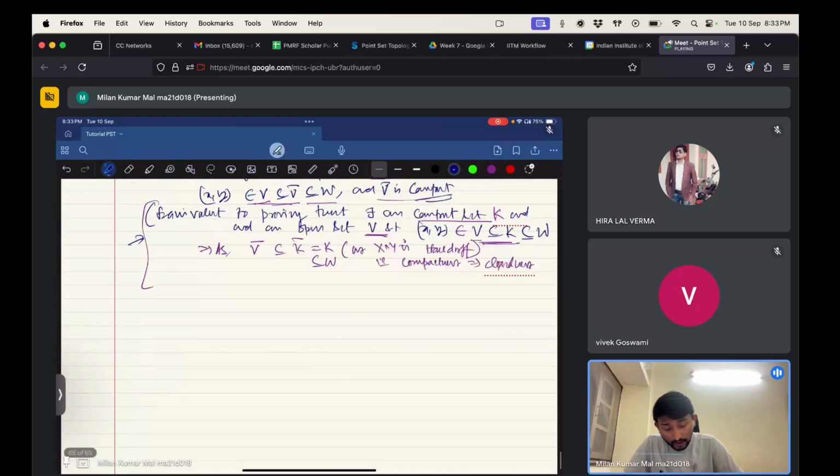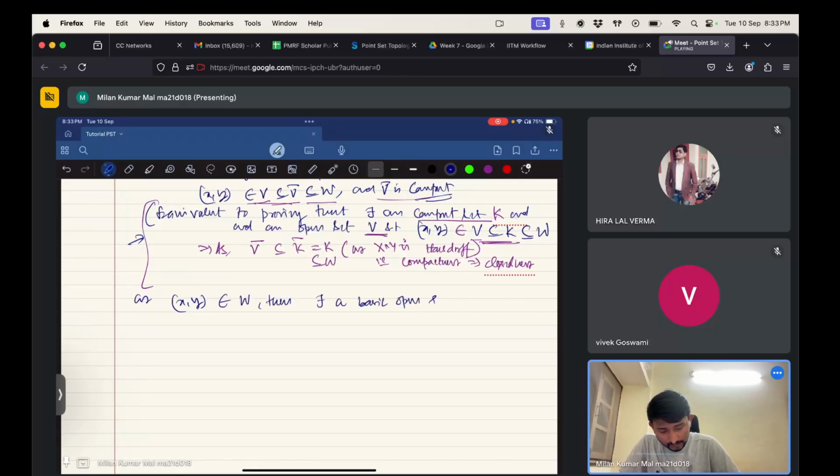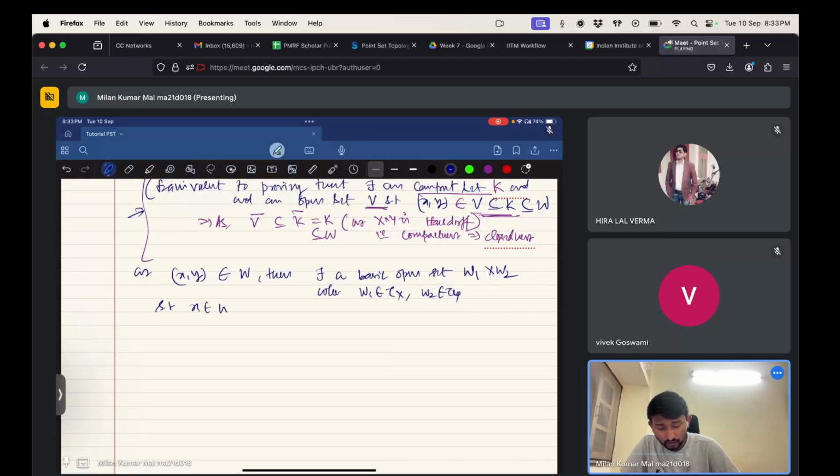Now as (x, y) belongs to W, there exists a basic open set W1 cross W2, where W1 belongs to tau of x and W2 belongs to tau of y, such that (x, y) belongs to W1 cross W2, which is sitting inside W. That is the definition of basis.